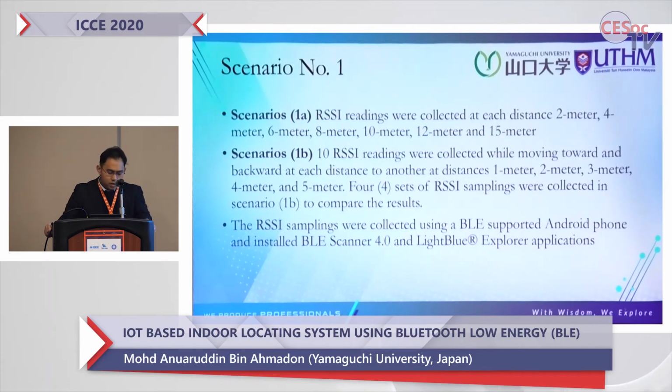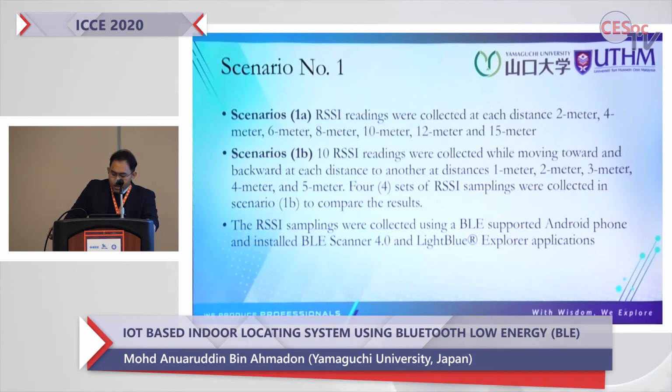In scenario 1, we have 1A and 1B. In scenario 1A, RSSI readings were collected at each distance: 2 meters, 4 meters, 6 meters, 8 meters, 10 meters, 12 meters, and 50 meters. In scenario 1B, 10 RSSI readings were collected while moving toward and backward at each distance, from 1 meter to 5 meters.